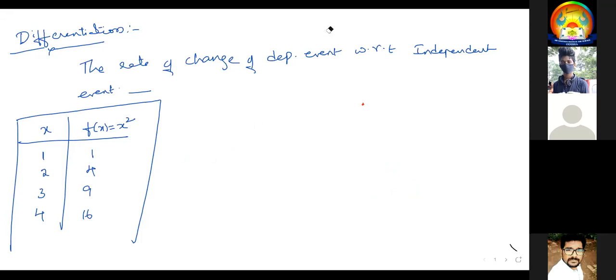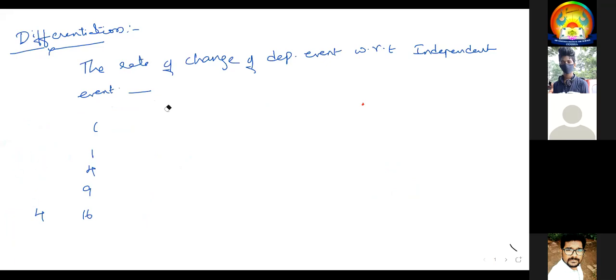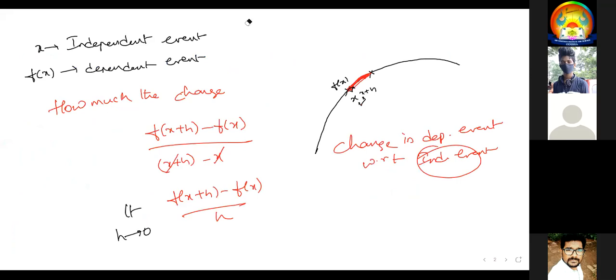Here we can say that if x is an independent event and f of x is a dependent event, how much the change in f of x with respect to x is f of x plus h minus f of x.